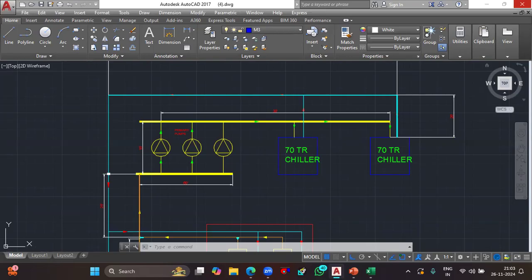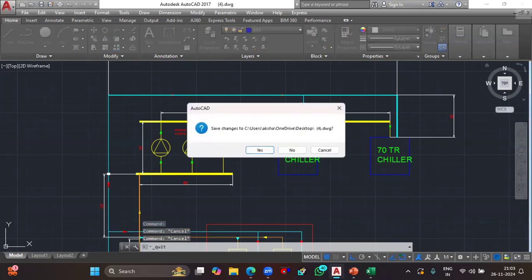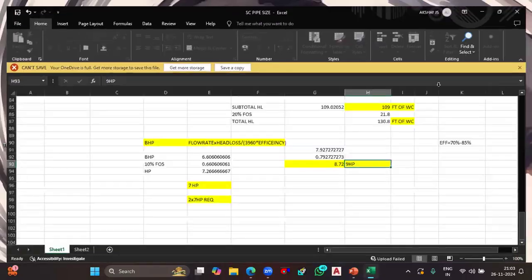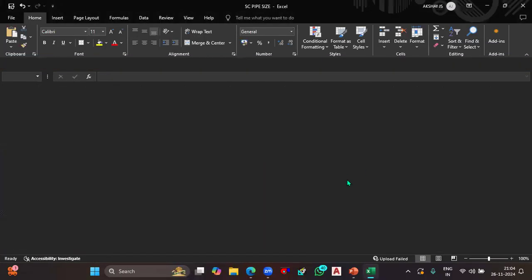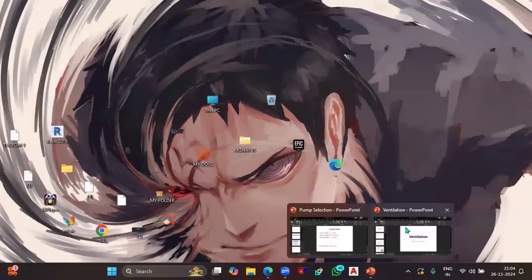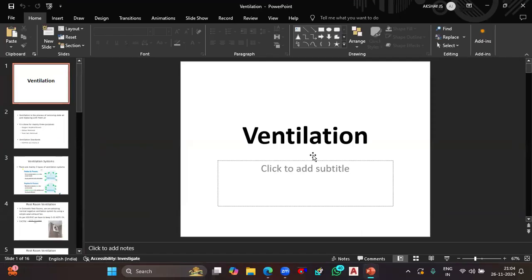We already completed a lot of topics regarding ventilation, and we considered a lot of ventilation aspects. What do you mean by ventilation?